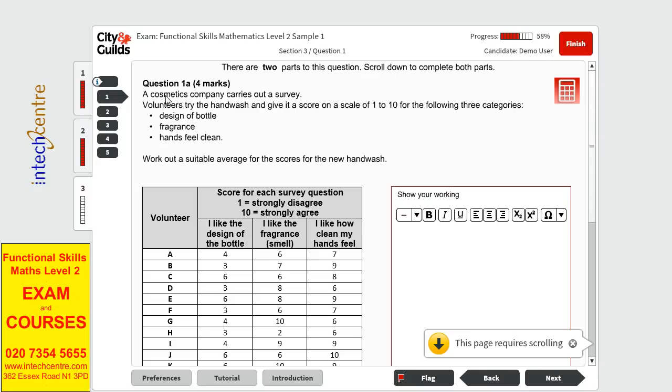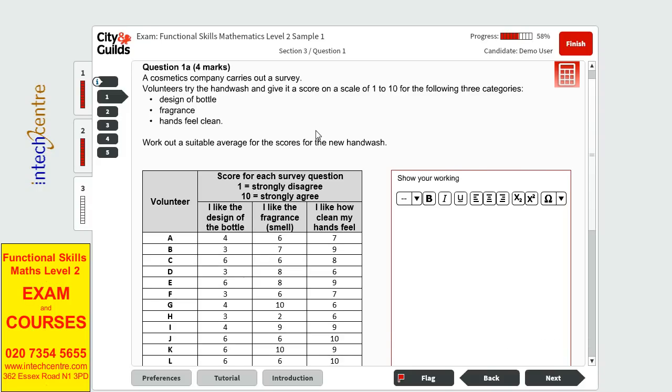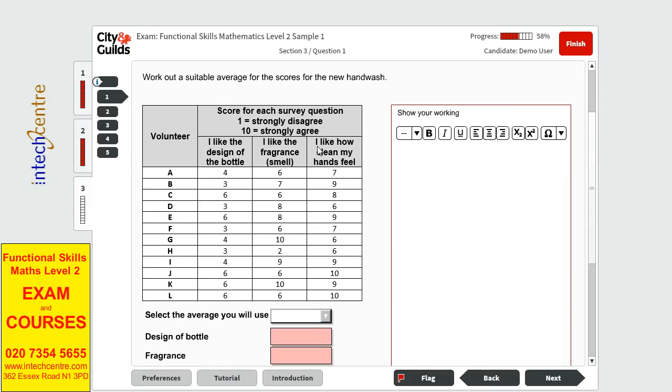Question 1a, a cosmetics company carries out a survey. Volunteers try the hand wash and give it a score on a scale of 1 to 10 for the following 3 categories: design of bottle, fragrance, and hands feel clean. We have to work out a suitable average for the scores for the new hand wash.